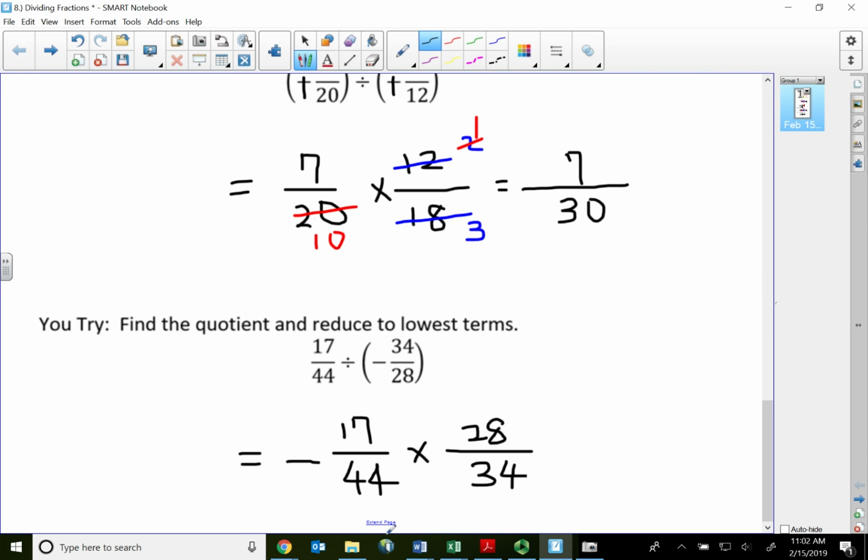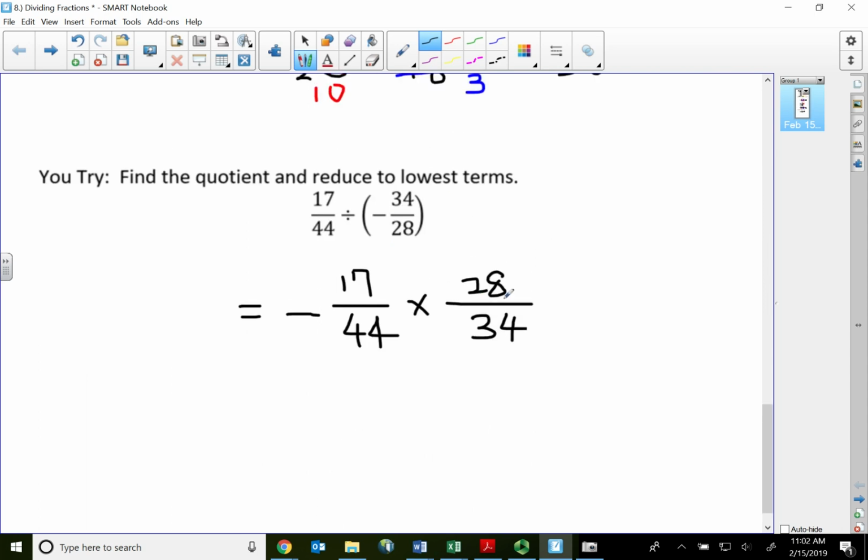All right, I know my 28 on top can reduce with the 34 by 2. So I'm just going to reduce 28 and 34 by 2. 2 will go into 28, 14 times. 2 goes into 34: 2 goes into 3 one time, remainder is 1, bring down the 4, 2 goes into 14, 7 times. So 34 reduced by 2 gives me 17.